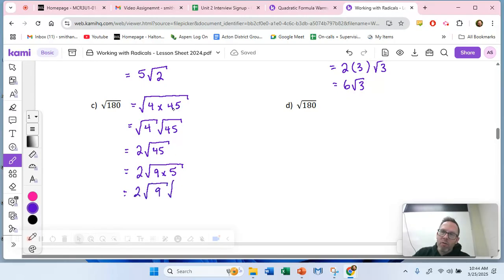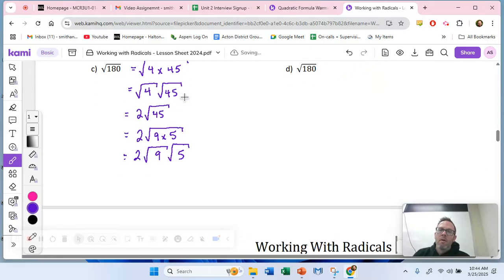But that's okay. It's our initial time doing this. Of course, the root of 9 is exactly 3. And we end up getting 6 times the root of 5. We just had to do it in a couple of steps. But yes, the root of 180 is equal to 6 root 5.